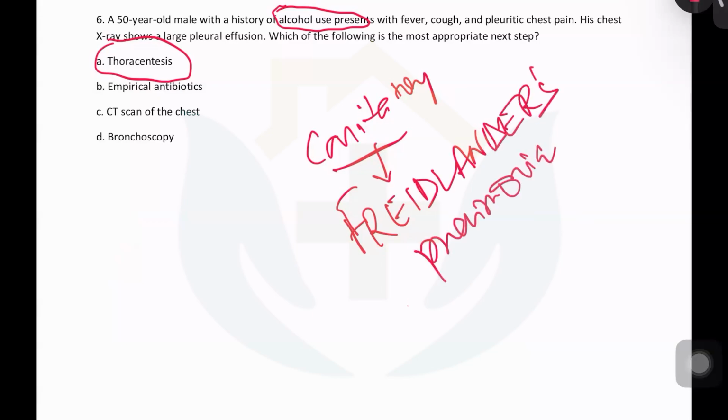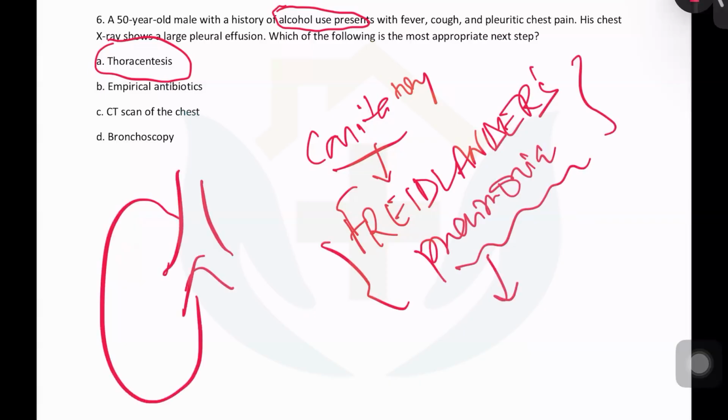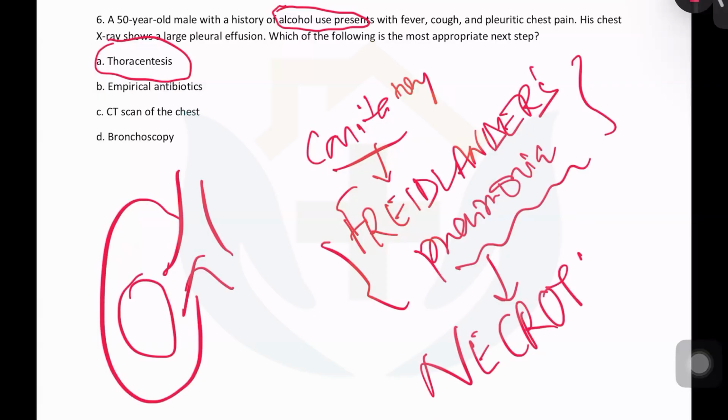Very important from intensivist's point of view. These patients, they have large cavities. And why is it important for us? Because of a special kind of problem, that is necrotizing pneumonia.